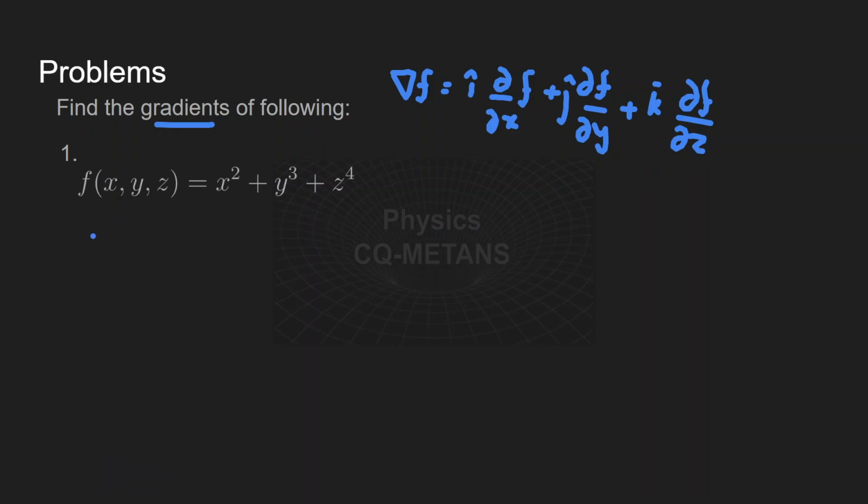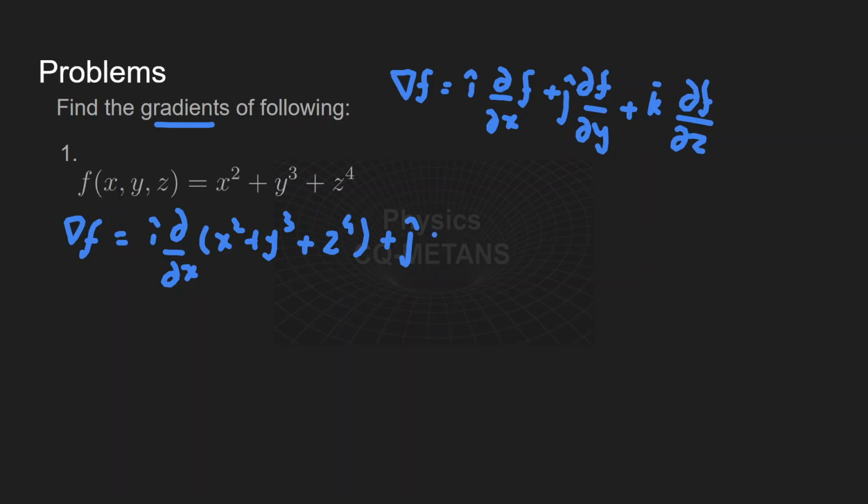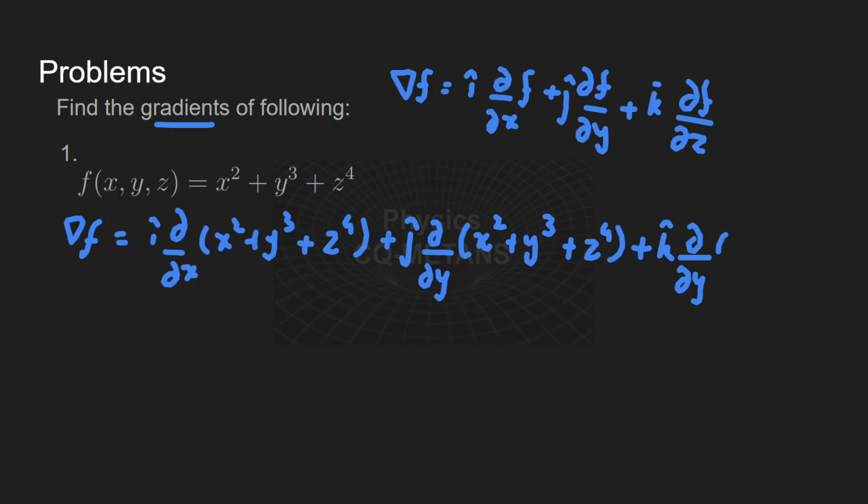So using the same formula, grad f of xyz will be equal to i cap del by del x of x square plus y cubed plus z raised to 4, plus j cap del by del y of x square plus y cube plus z raised to 4, plus k cap del by del z of x square plus y cube plus z raised to 4.